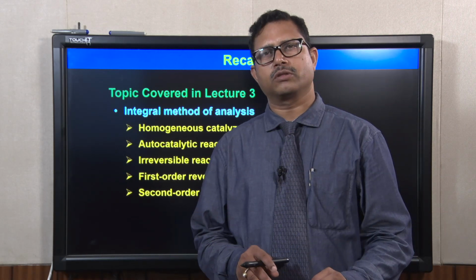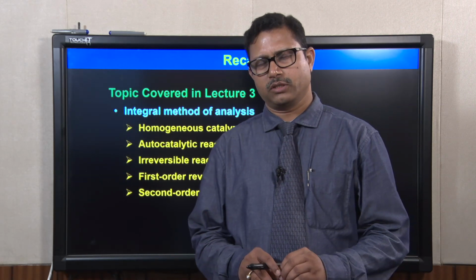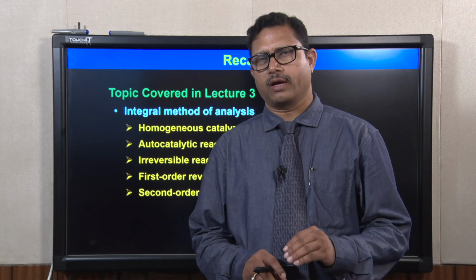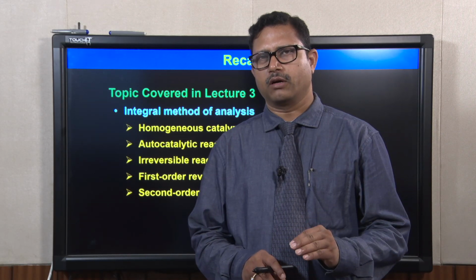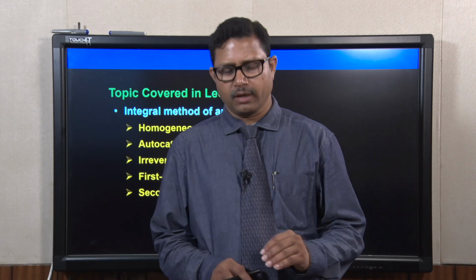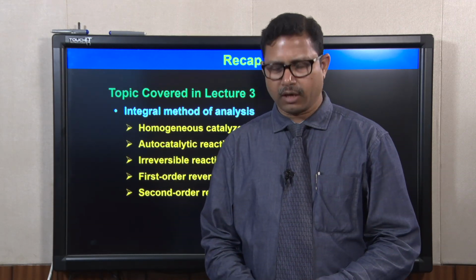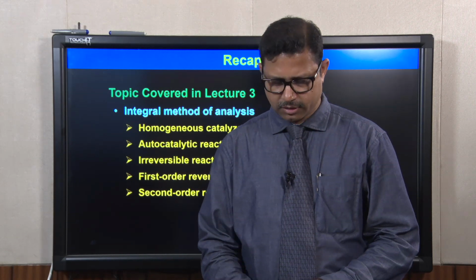So, the reactions proceed in two pathways. This is called parallel reactions, conversion of a certain component through non-catalytic and catalytic reactions, and that we have discussed under homogeneous catalyzed reactions.